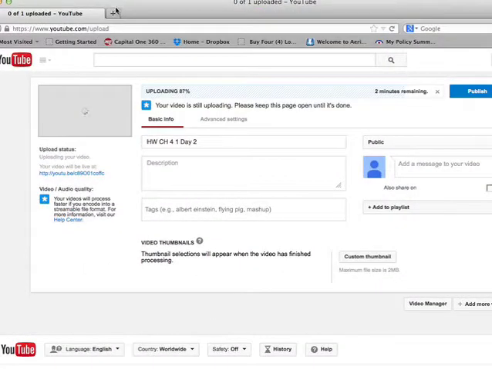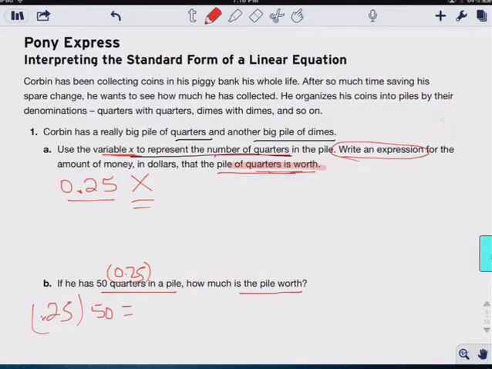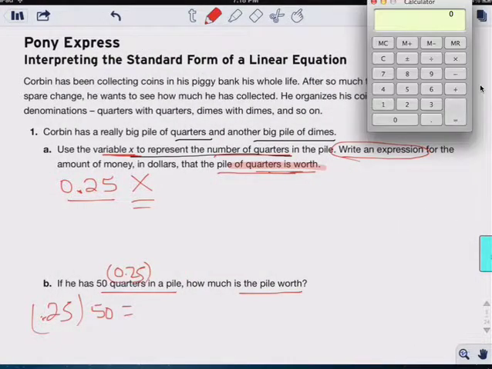Oh, sorry, I'm uploading the regular math. So 25 times 50 equals, too much, 0.25 times 50 equals $12.50.